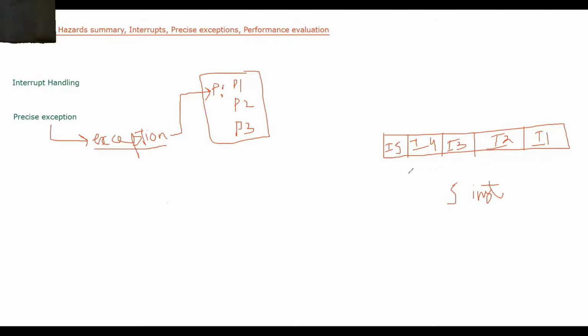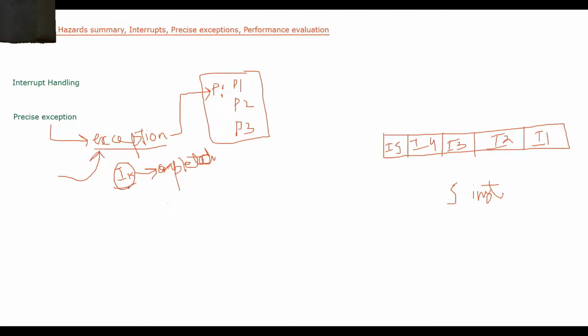So a precise exception says, or we can say an exception is said to be precise if, let's say IK is the last instruction that has been completed when this exception occurred. That means I have completed instruction IK, and when I completed this instruction, this exception occurred.